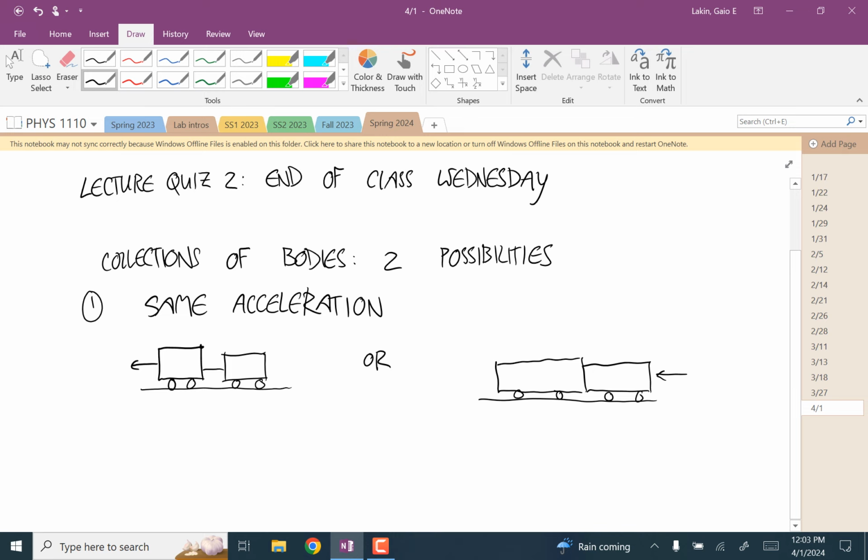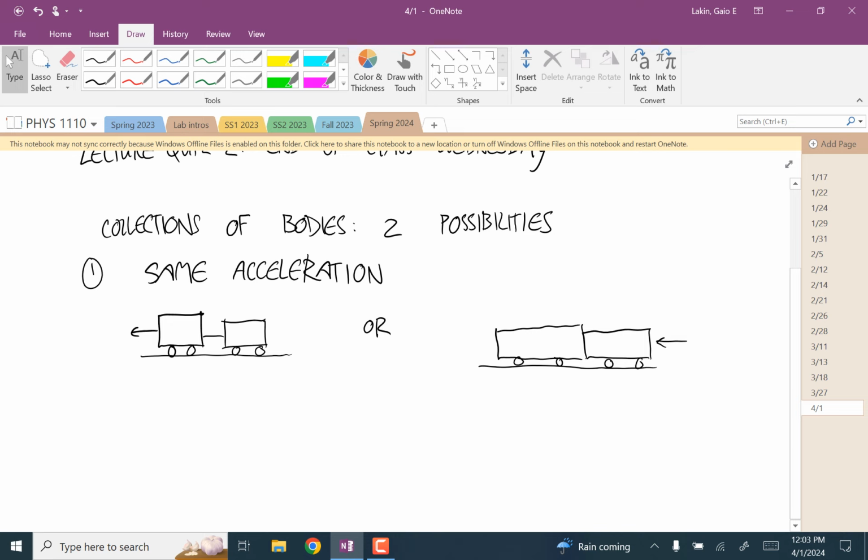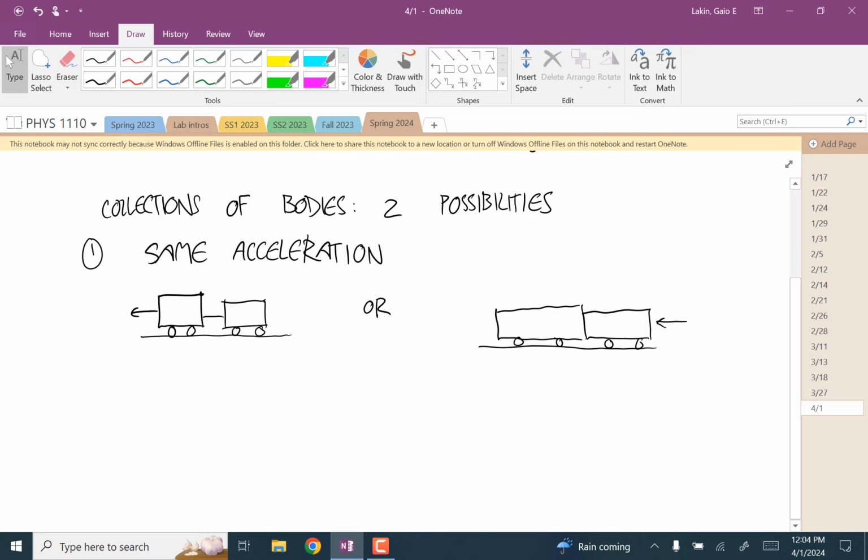And in that case, your first step is you isolate the whole system to find the acceleration, and then you go from there and you find the contact forces and stuff like that.